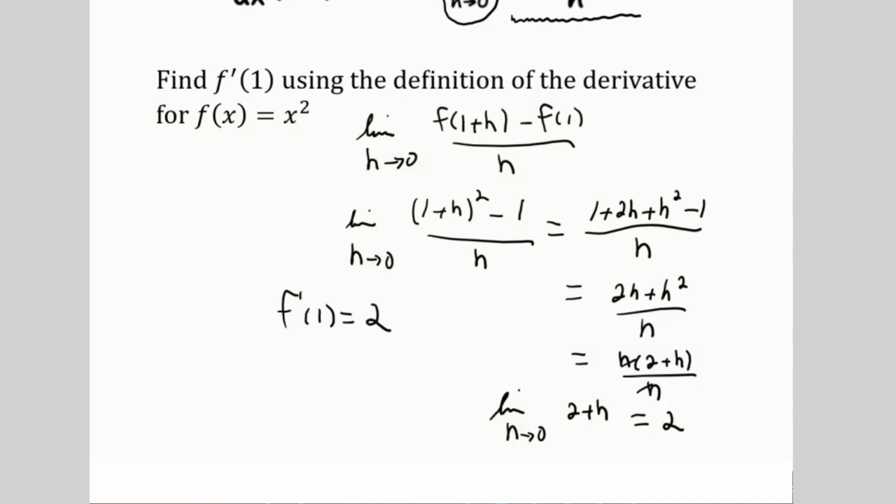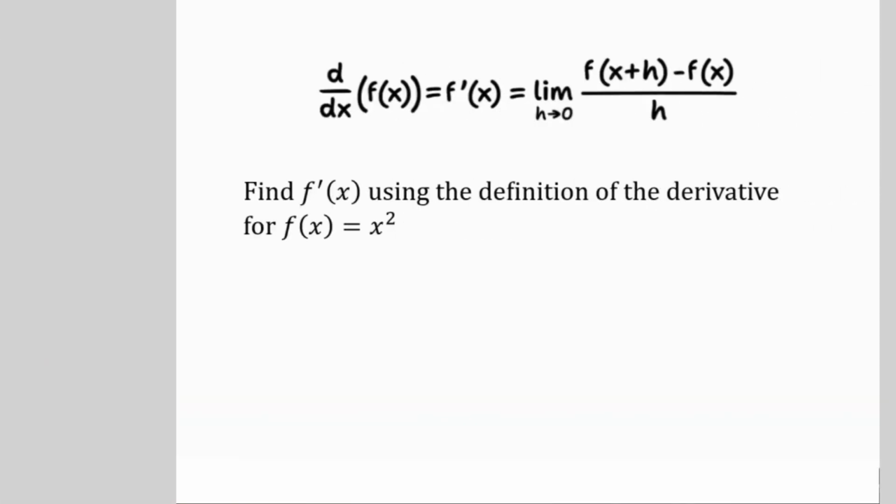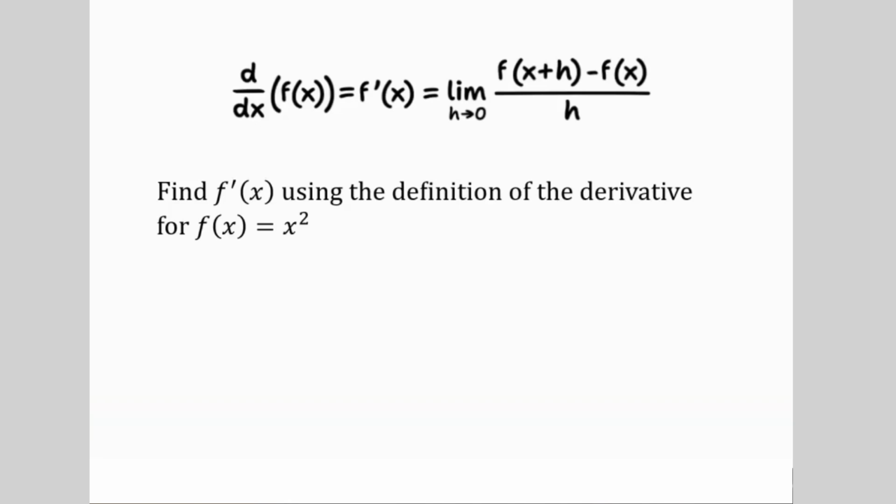Okay, let me show you, we could do this without plugging in 1. We can get the general formula and then plug in 1 after. So let's do the same problem using x squared, but let's just find f prime of x, the general formula for the derivative, and then we'll plug in 1 after.